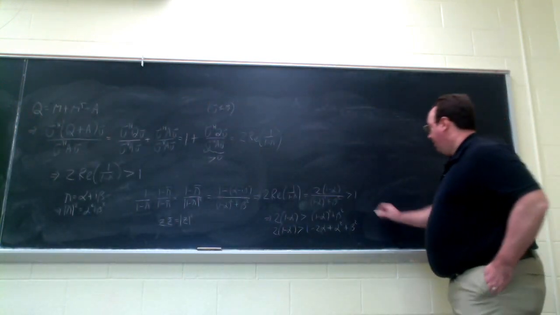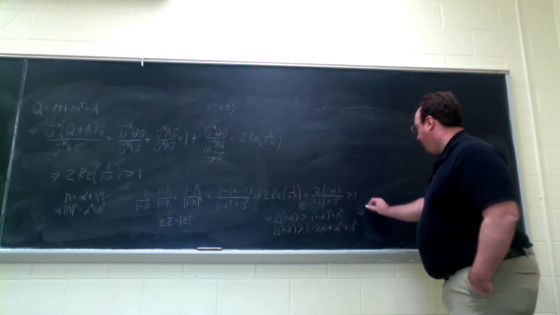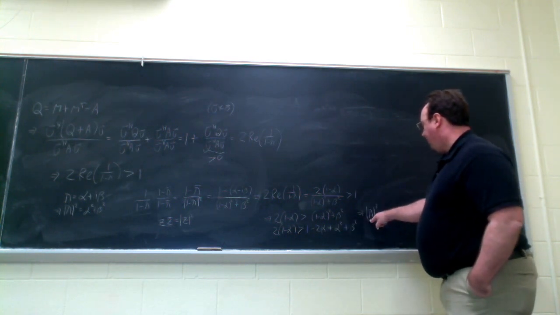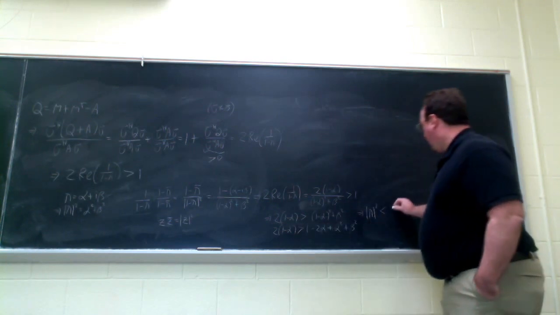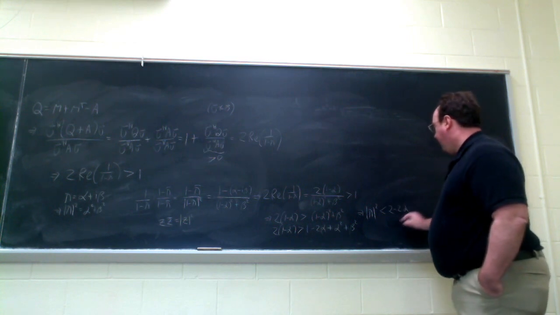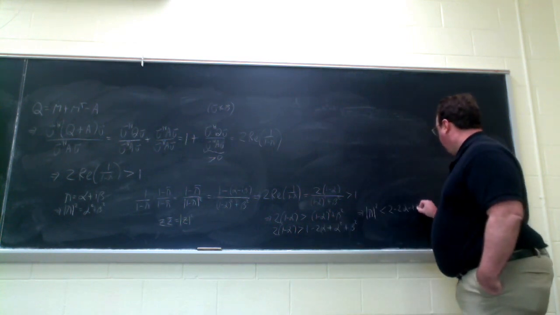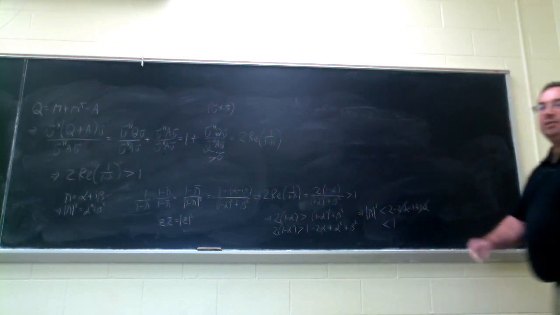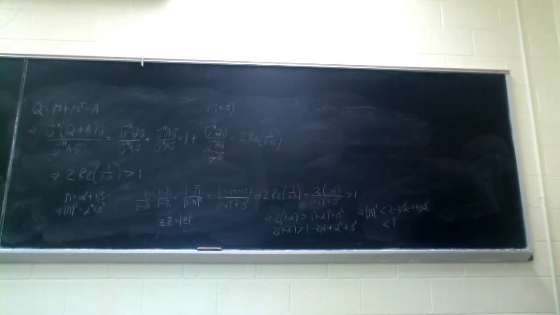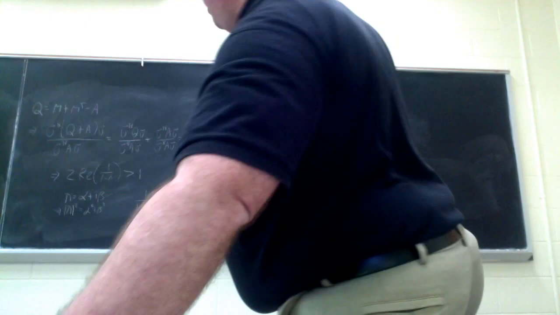So now what I have is the absolute value of lambda squared is less than 2 minus 2 alpha minus 1 plus 2 alpha, cancel, cancel, less than 1. So we're done. So all the eigenvalues of B, which is M inverse N, are less than 1 in magnitude, therefore the iterative method converges. So that was pretty fun algebra there.